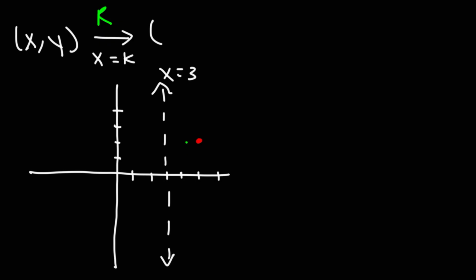When we reflect it across that line, what's going to happen? What will be the new point? The new point will be here. It's going to have an x value of 1. So notice that the line that we reflect across is the midpoint of the x values.